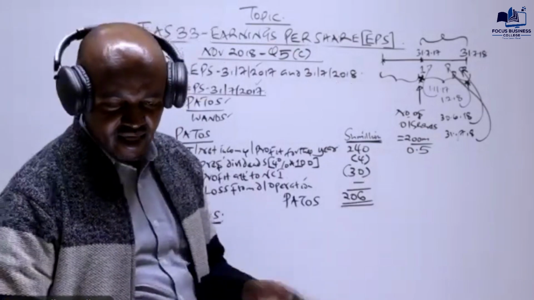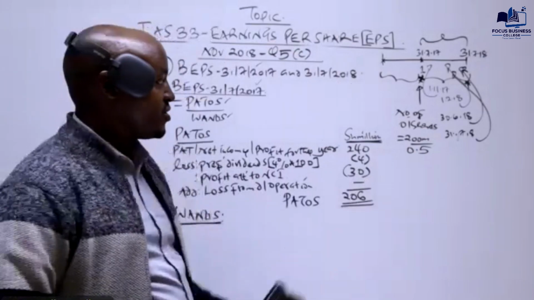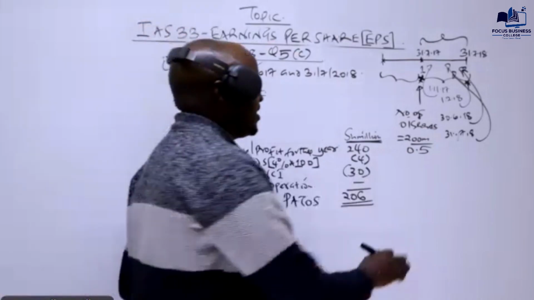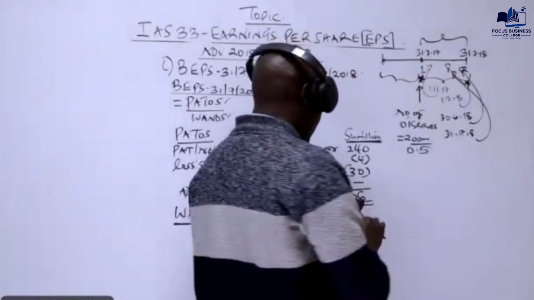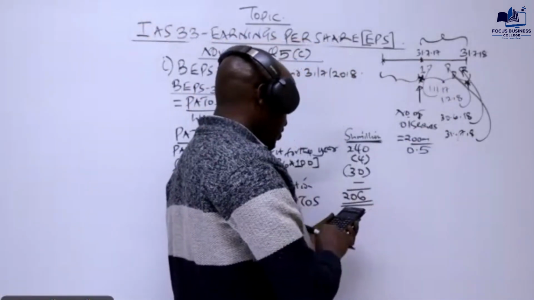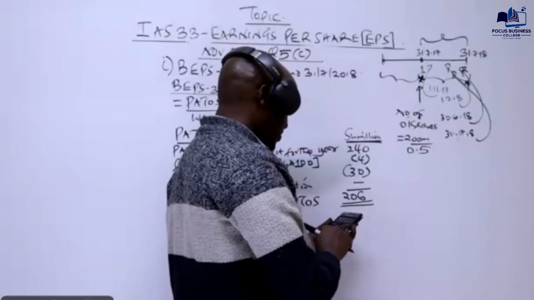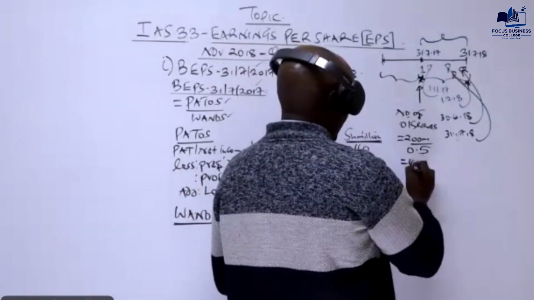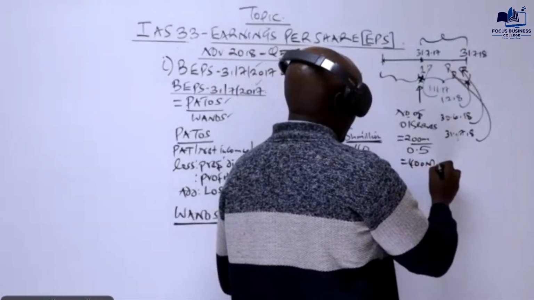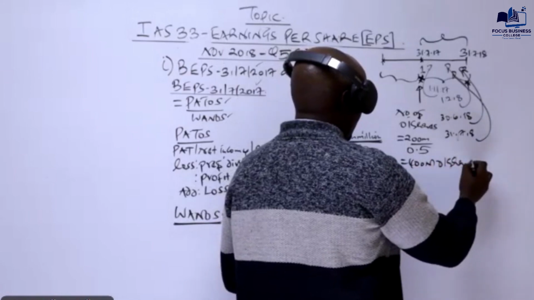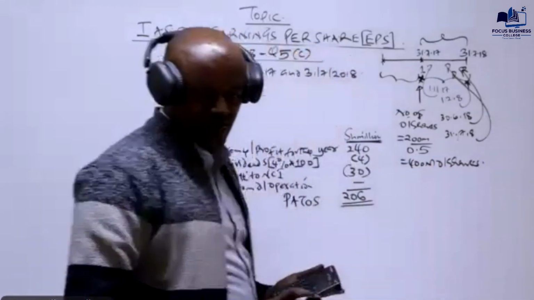Inside the bracket, we are told the par value per share is 0.5. That will give us the number of ordinary shares issued at the end of 2017. So it will be 200 divided by 0.5, which gives us 400 million ordinary shares.